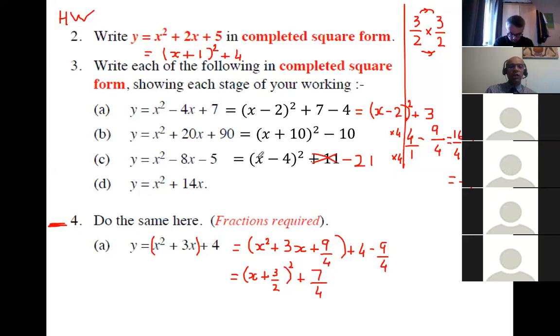We can quickly check that. x squared minus 4x minus 4x, so minus 8x, plus 16. You compensate the plus 16, which becomes a minus 16. Minus 16 minus 5 becomes minus 21.